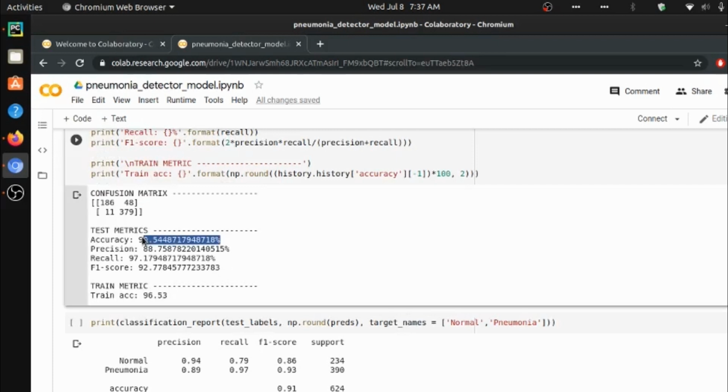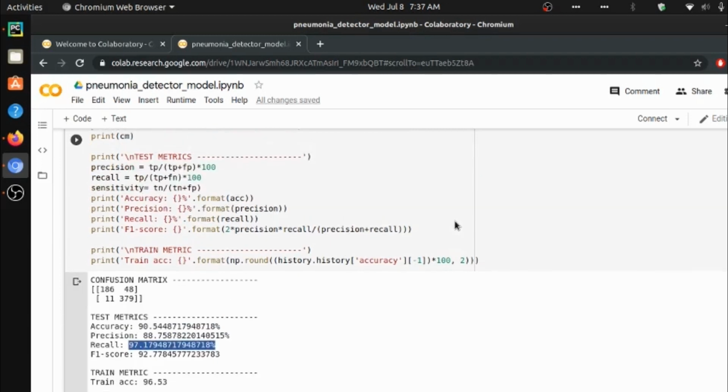So we are getting an accuracy of 90.544, that is almost 91%, or you can say 90.5% accuracy, and the precision is 88.75. The recall is high. What does recall mean?